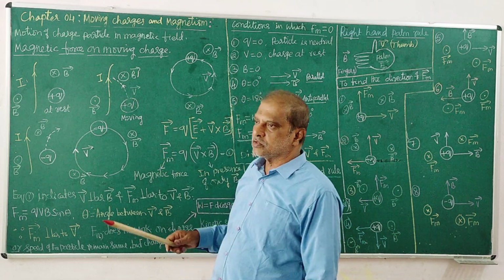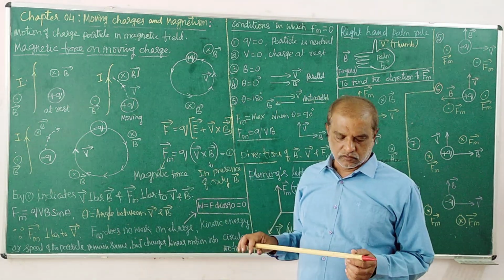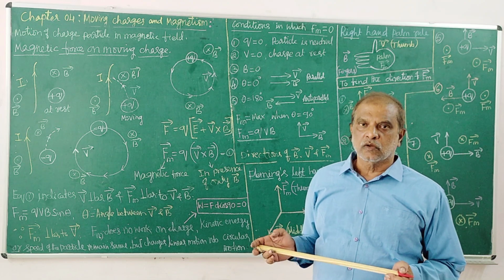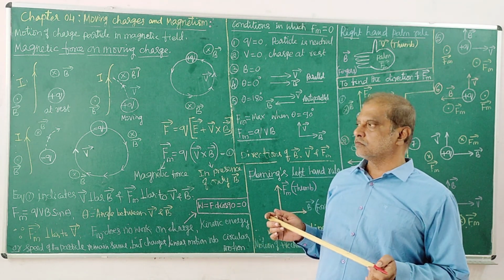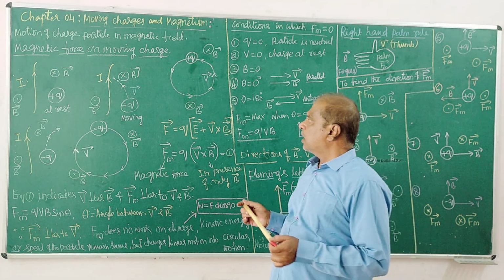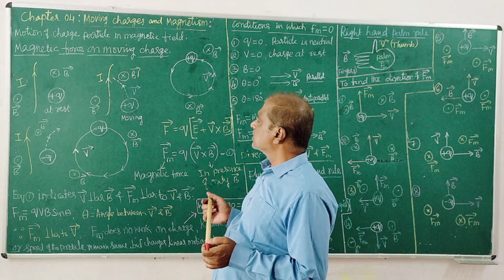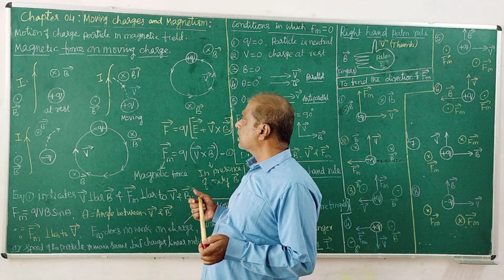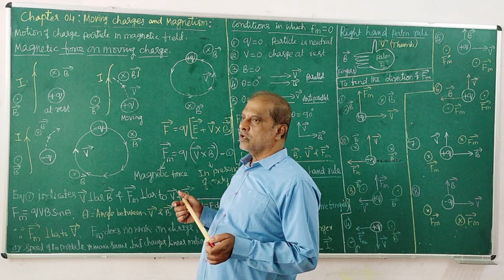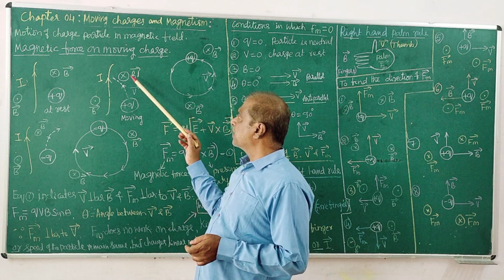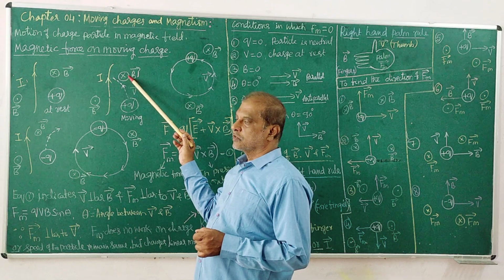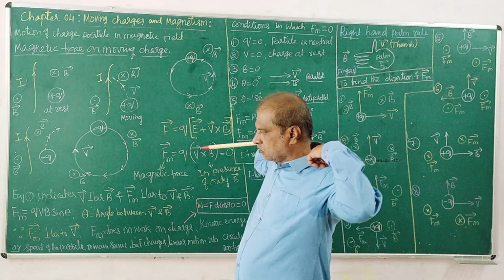That force is known as magnetic force. That force is also called Lorentz magnetic force. And that magnetic force arises due to interaction between the charged particle and the magnetic field present in that space.